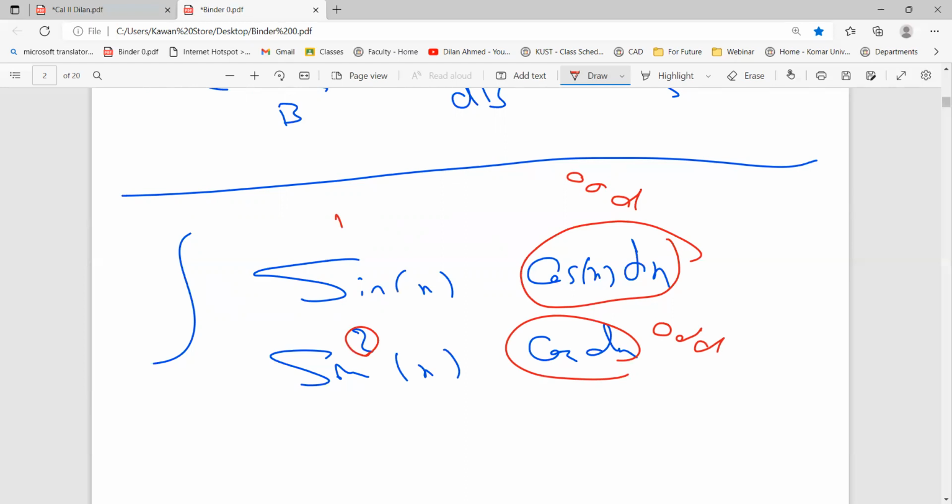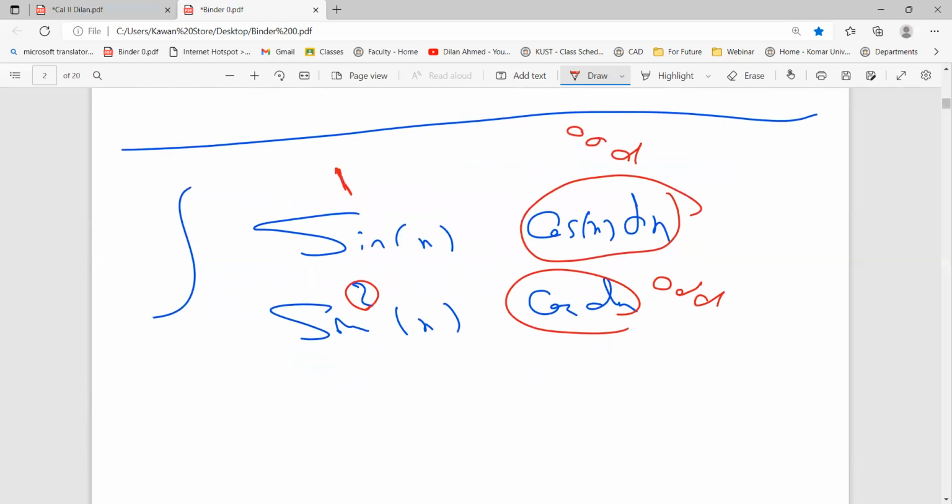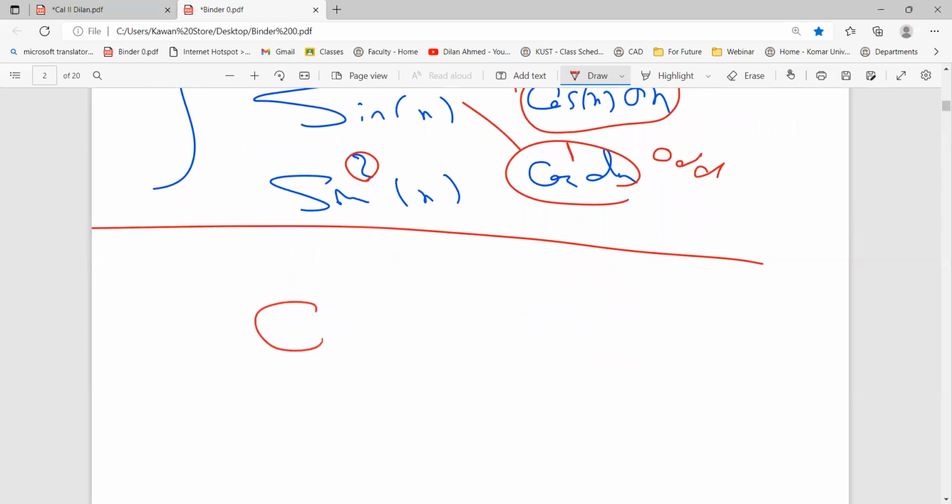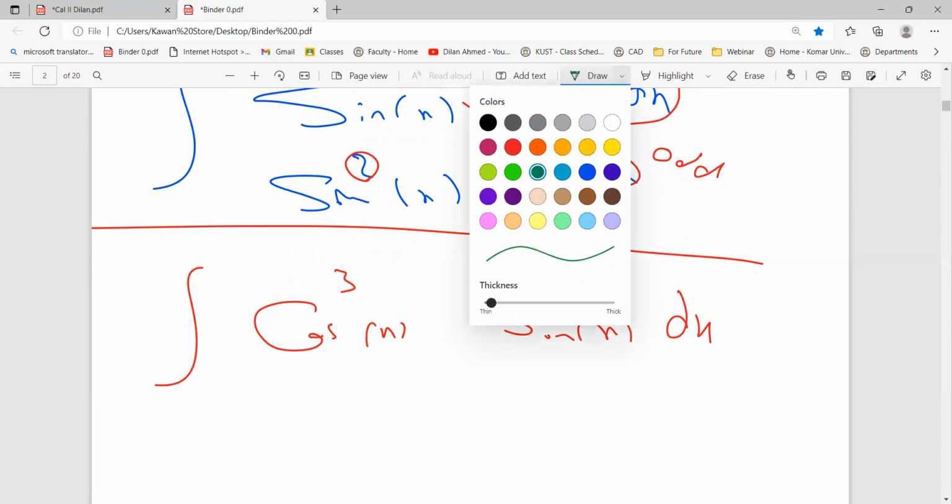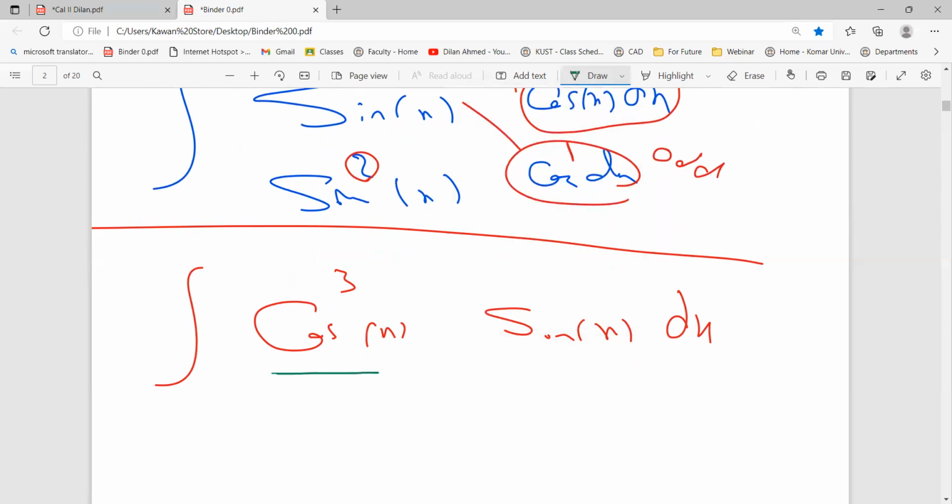That's why I say case number 1 and 2 both have the same idea. So if n is odd or m is odd, the important thing is we have one odd. For example, if I have cosine to the power 3 of x times sine x dx, in your mind, I have a sine and a cosine.